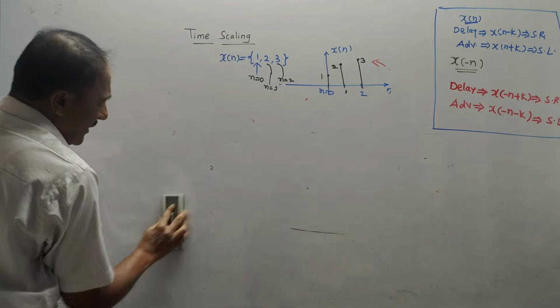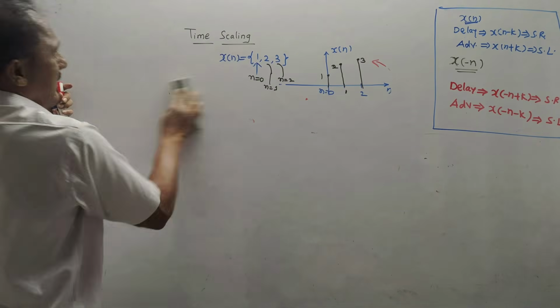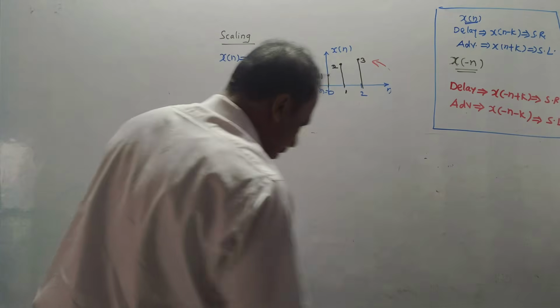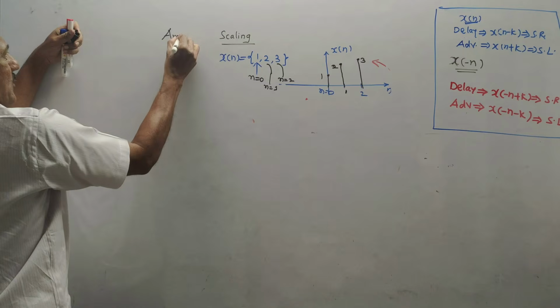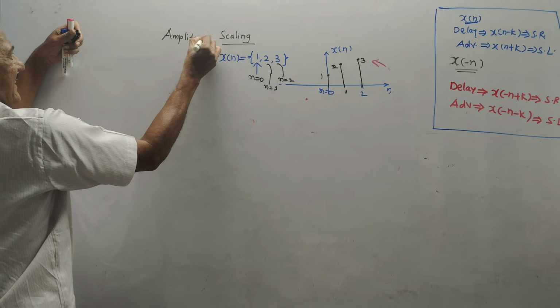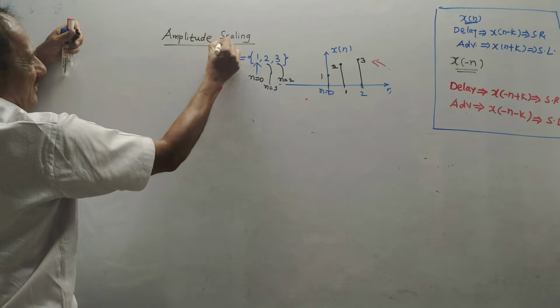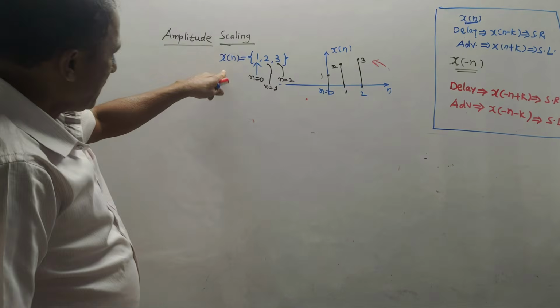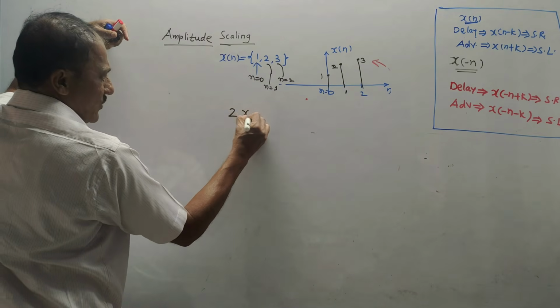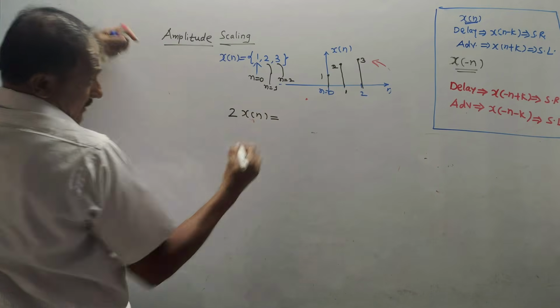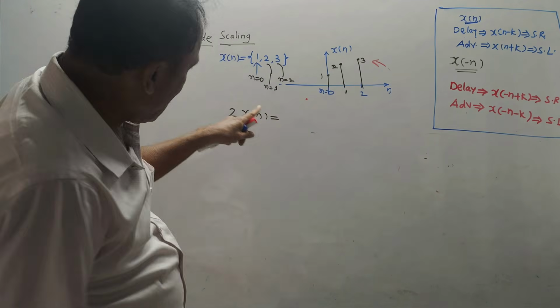Now the remaining operation, a pretty simple part, is amplitude scaling operation. As the name indicates, the amplitude of the signal is scaled. Scaling means changing. Suppose this is the given sequence. I want to perform 2 into x of n. Remember, the earlier case was x of 2n.